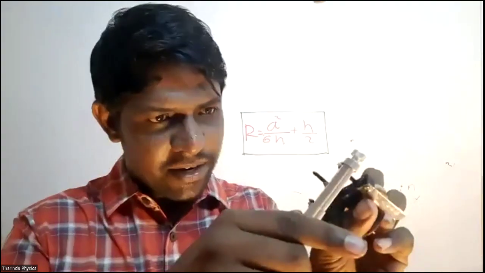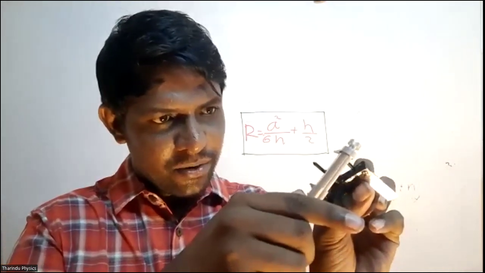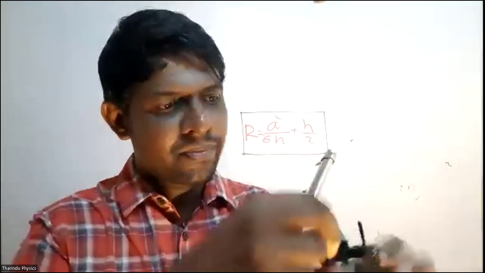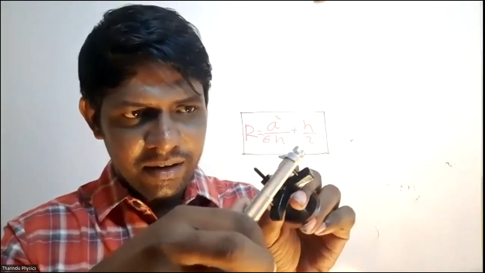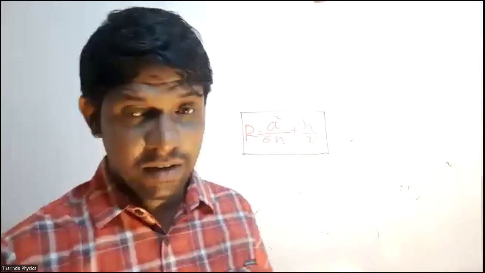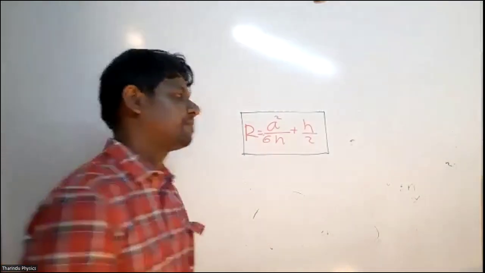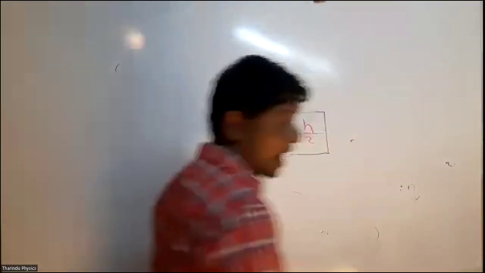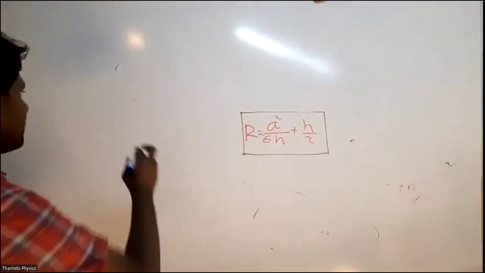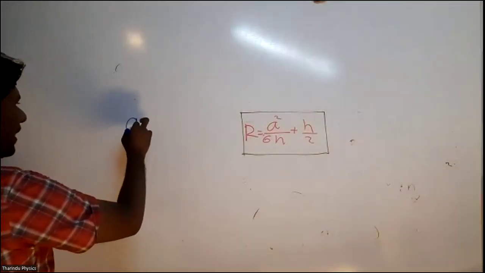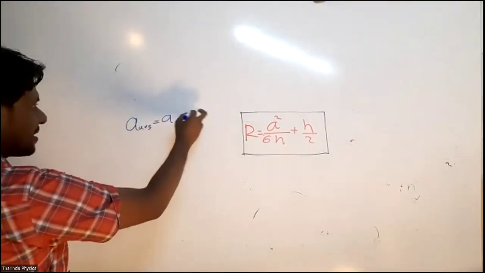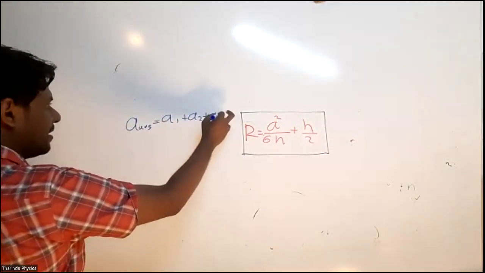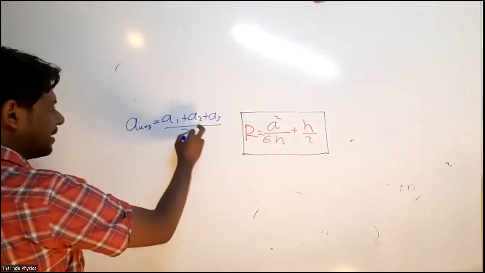You keep the vernier caliper to the other end. You take that reading as A2. You keep the vernier caliper to the last end and you take that reading as A3. You get the average value for A. How? A average is A1 plus A2 plus A3 divided by 3.